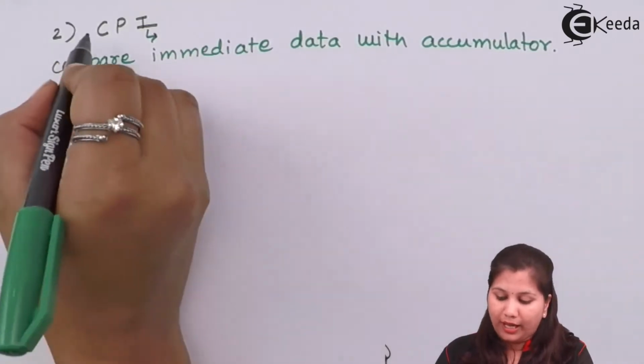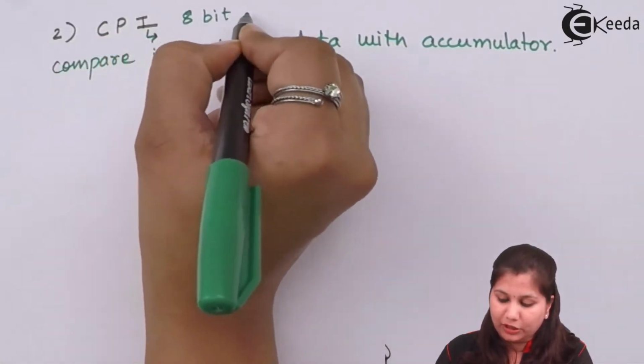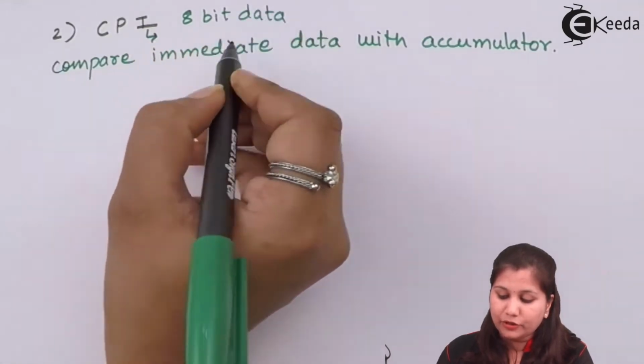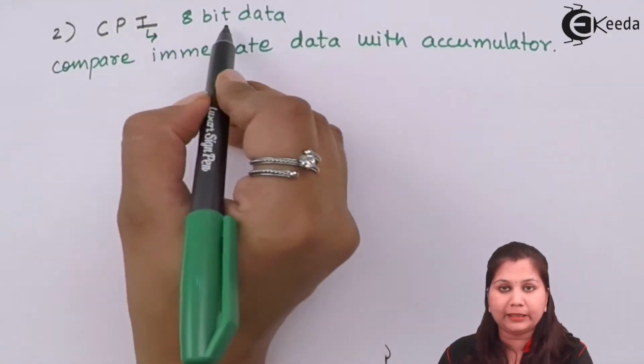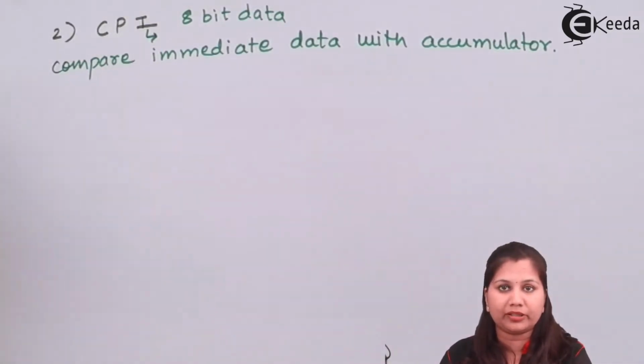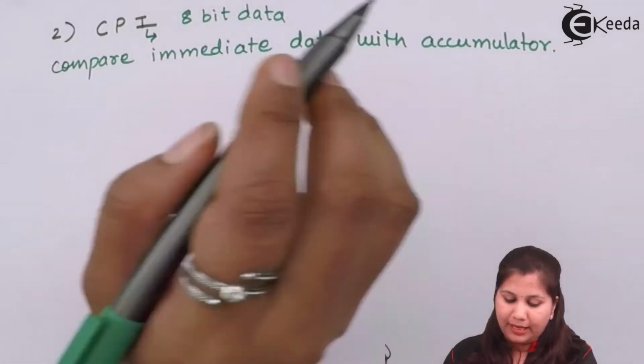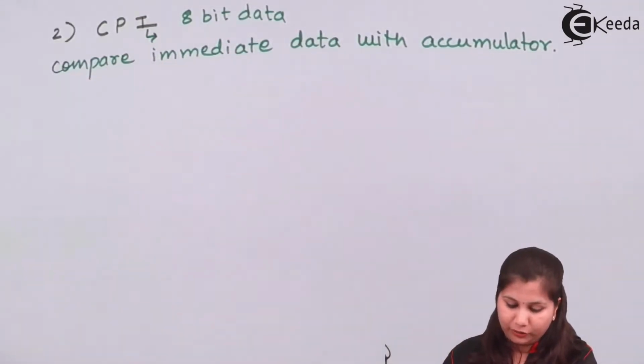So after this CPI, an 8-bit data is written in the instruction, and the contents of the accumulator and this 8-bit data are compared, because the accumulator is also an 8-bit register, so the 8-bit data will be compared with the contents of the accumulator.